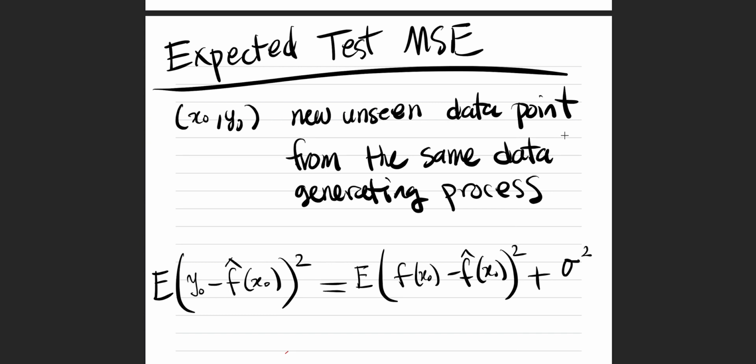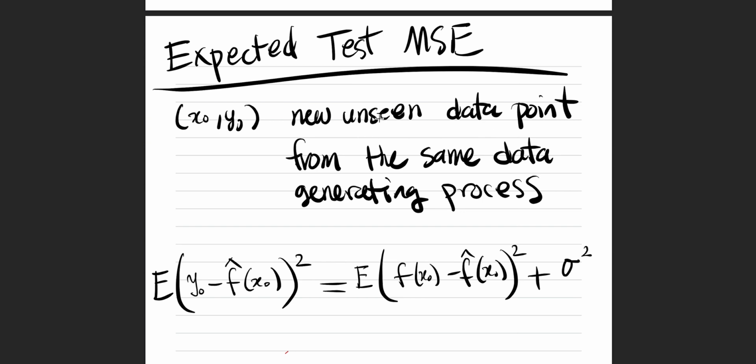So the expected test MSE is always defined at a certain point. Whenever we talk about bias, variance, expected test MSE or train MSE, it is at a certain point. And this point, when we're talking about test MSE or bias or variance, is a new unseen data point.